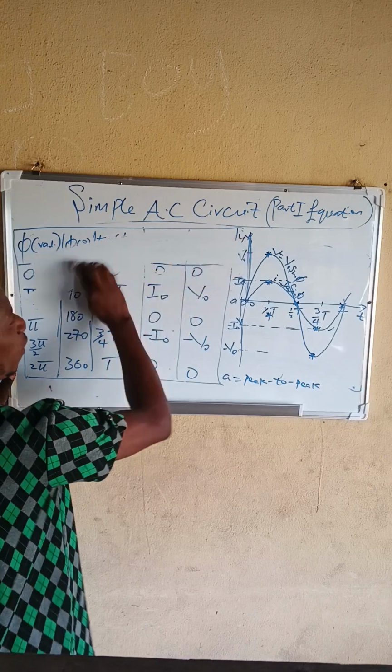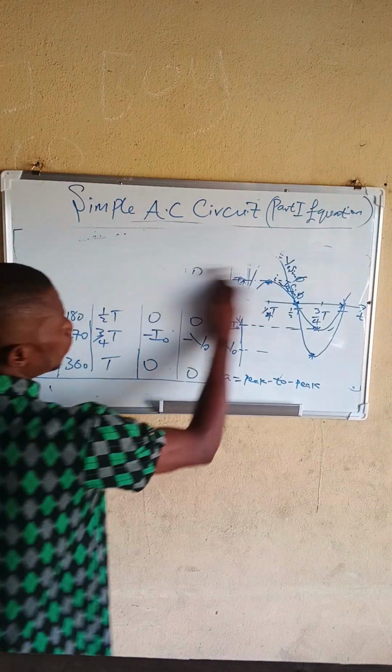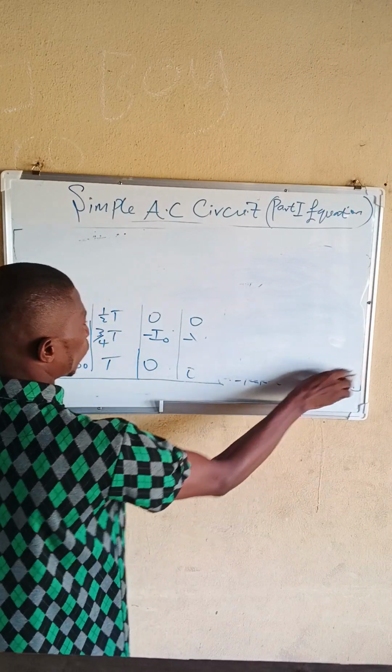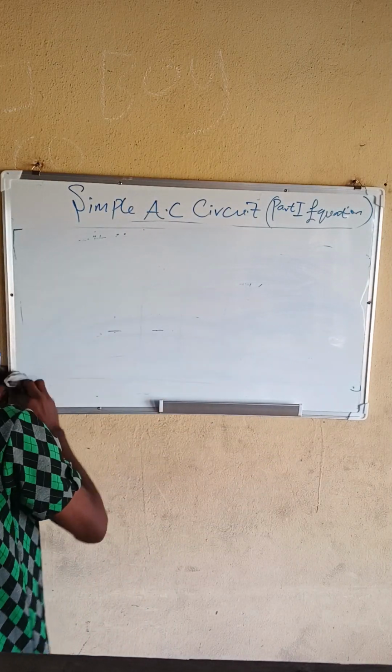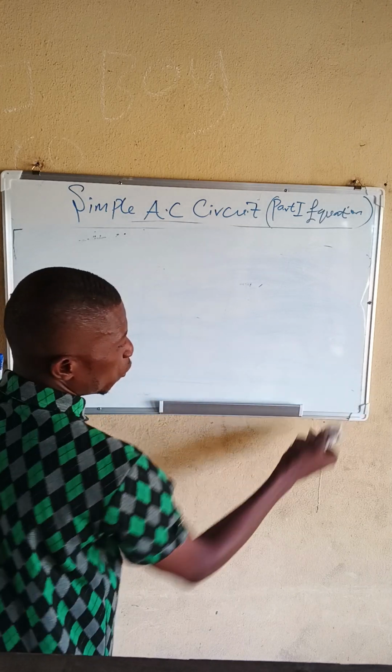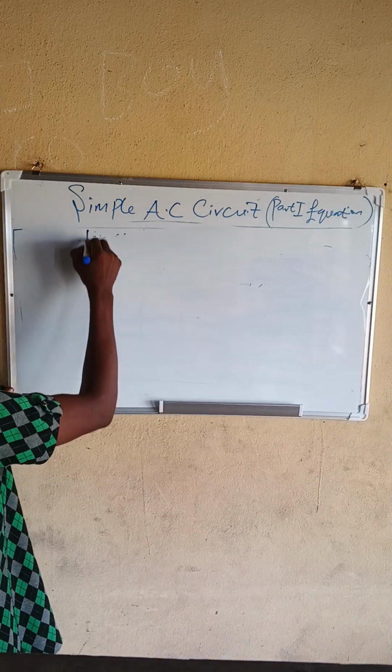Now let us see current root mean square. That is the root mean square value.